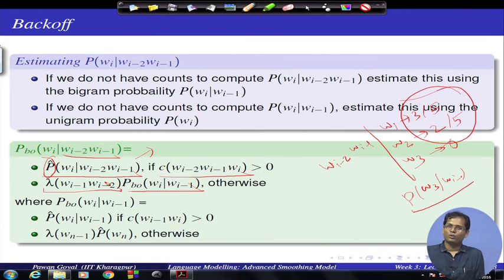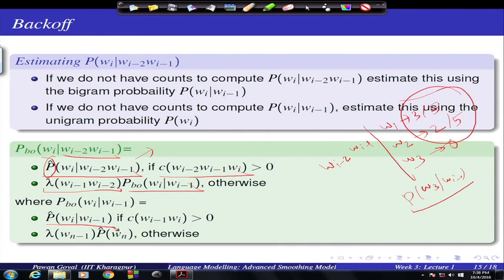So how do we define the probability of wi given wi-1? Again, it's p hat of wi given wi-1 if the count is greater than 0, and p hat of wn if the count is equal to 0. I think it will help if we take a simple example and see how to actually use this definition to compute the Backoff probabilities.